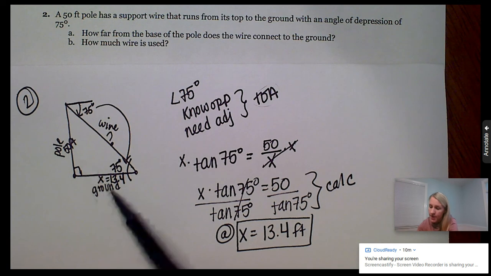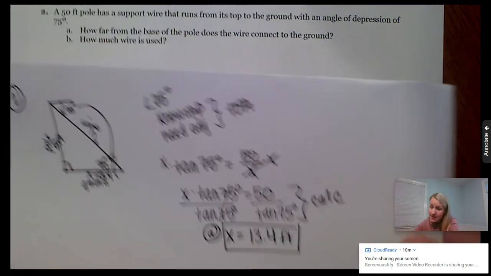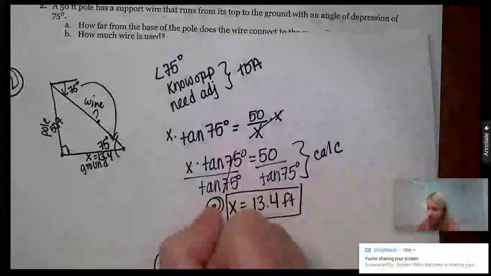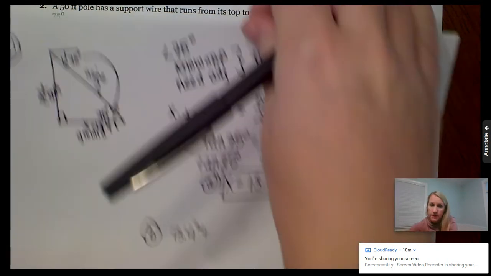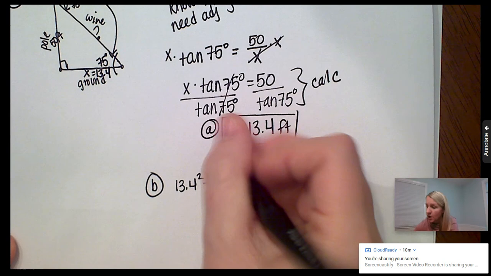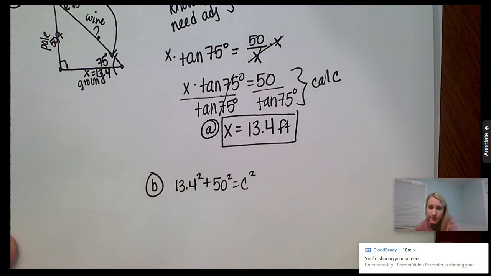So Pythagorean theorem, I have the two sides. I'm finding the hypotenuse, so I'm finding C. So I'm just going to throw in 13.4 squared plus 50 squared equals C squared, or whatever you want to call it, W squared. I'm just grabbing my calculator and computing that.